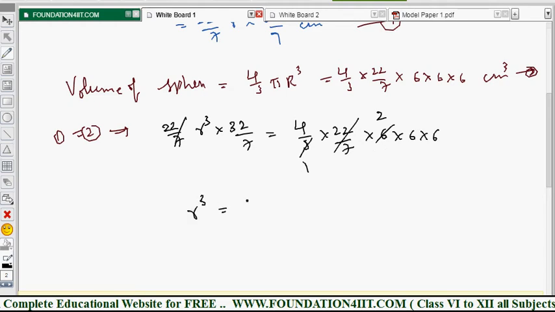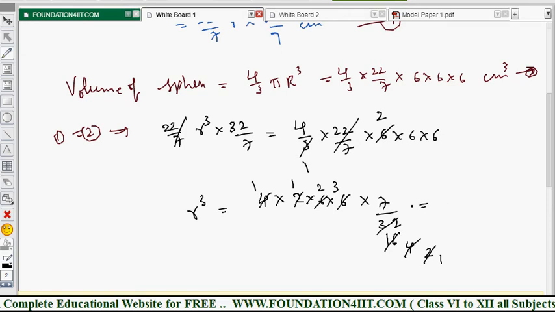Then r cube equals, on the right side, 4 into 2 into 6 into 6 into 9/32. We can cancel again: 4 ones are 4, 4 twos are 8, and so on. If you take this total value, then you can see the calculations also.